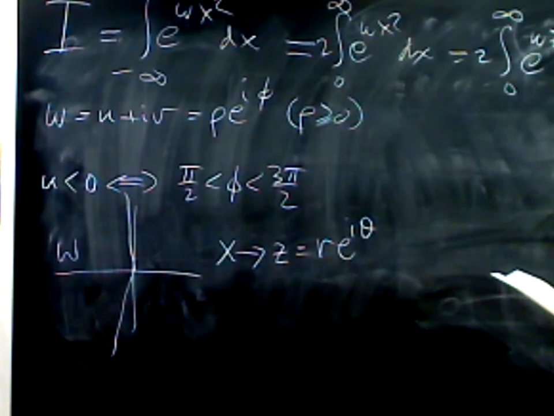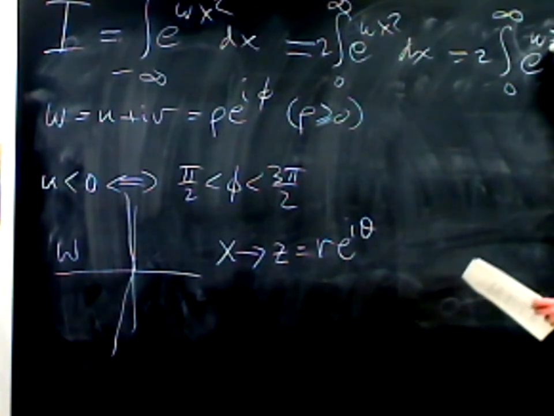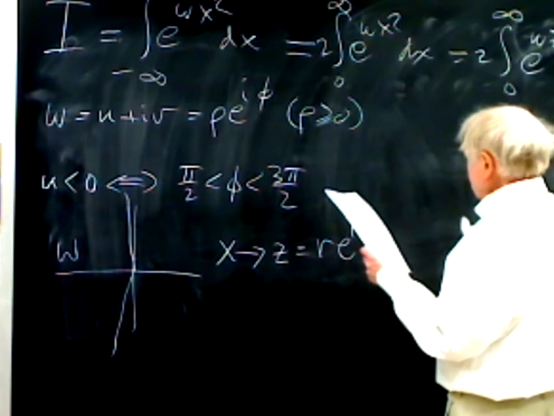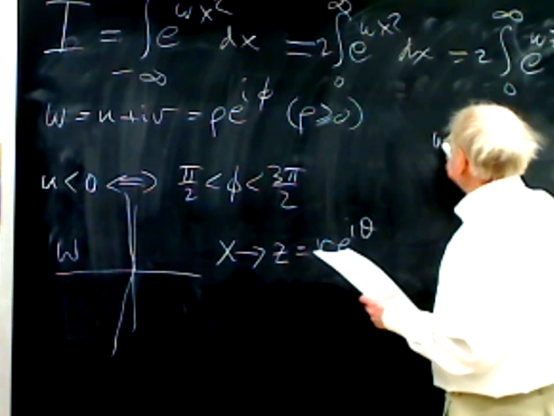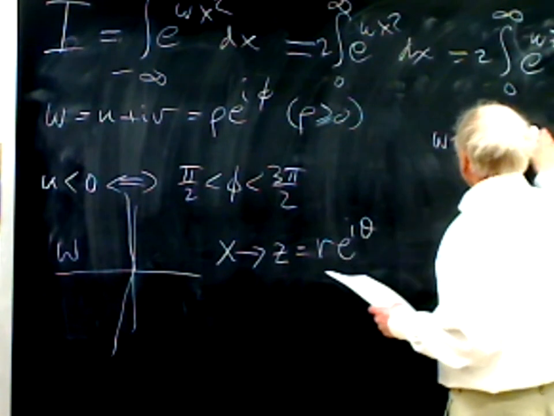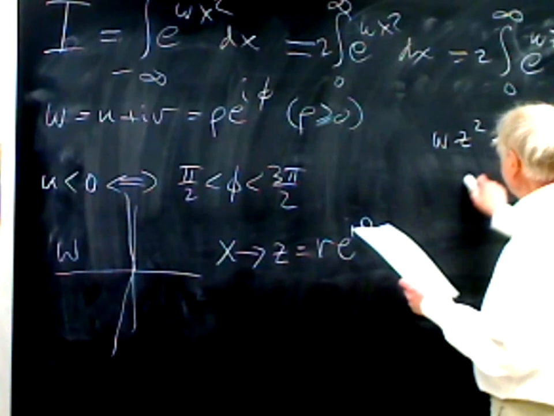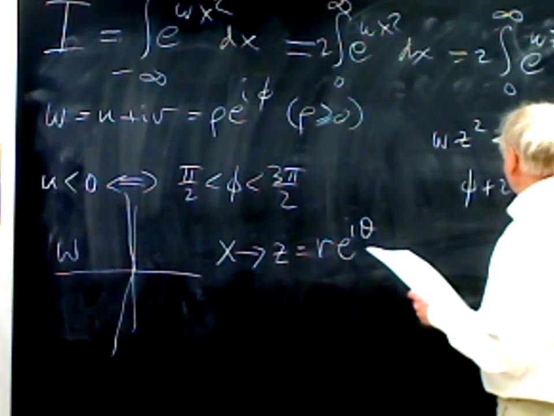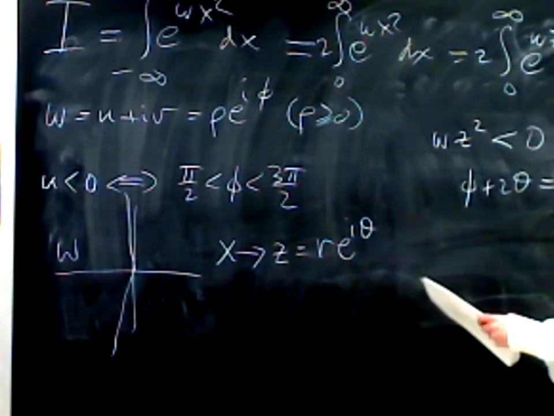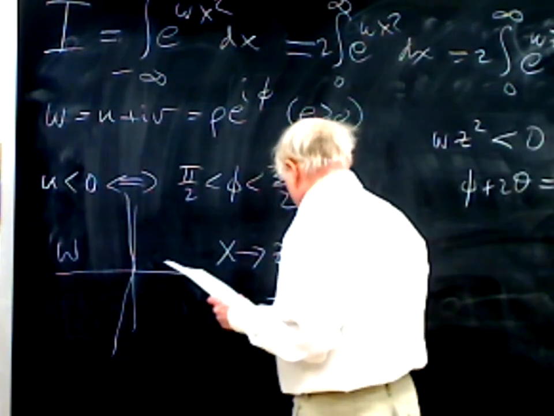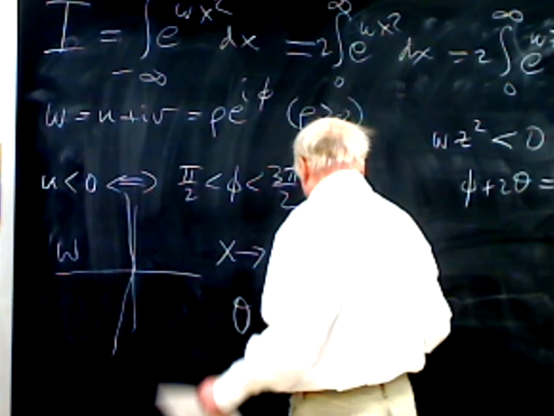Okay. When is the real part of w z squared negative? Well, the real part of w z squared is less than 0 if phi plus 2 theta is equal to pi, or equivalently, theta is equal to a half times pi minus phi.